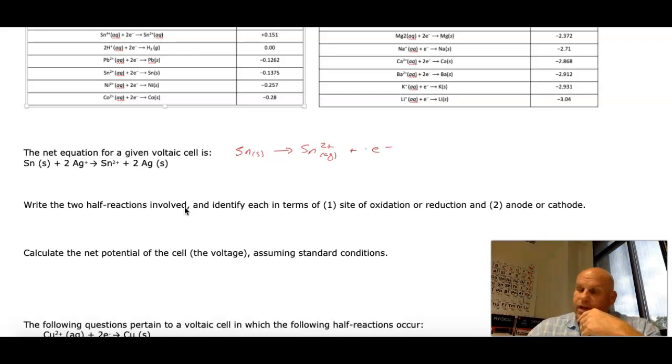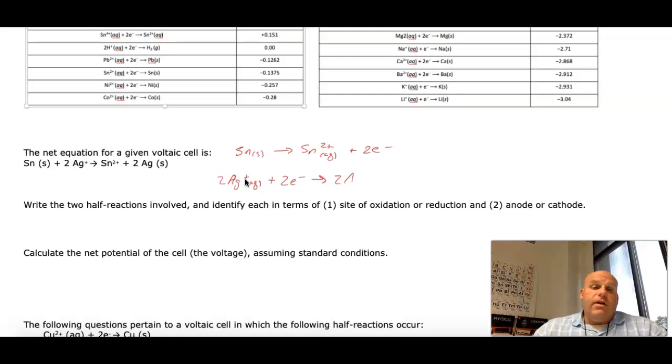That was right, sorry, 2 electrons. The other half reaction here, we can see we start with my cation, which means I'm going to be gaining 2 electrons to produce my metal.